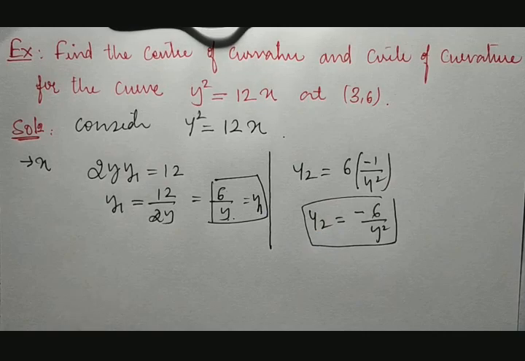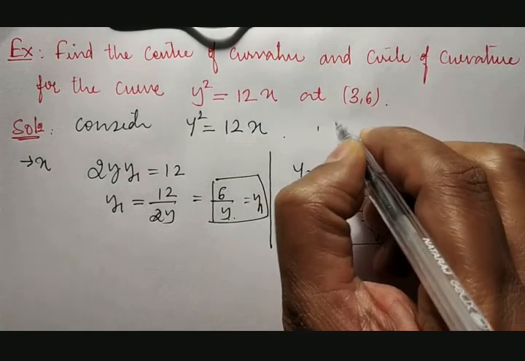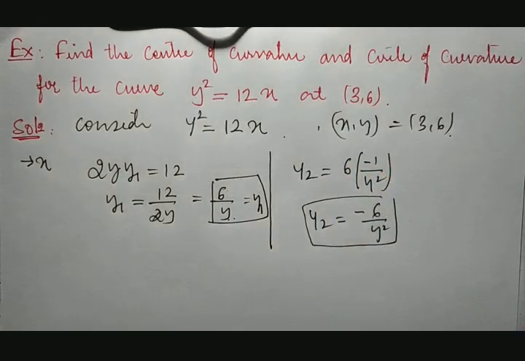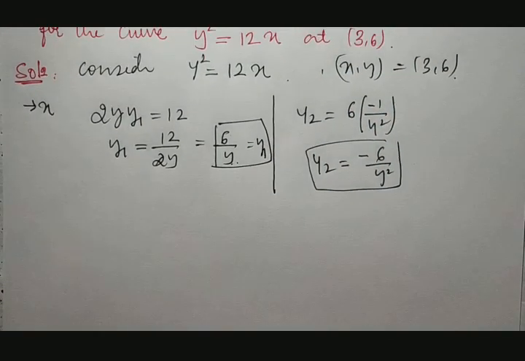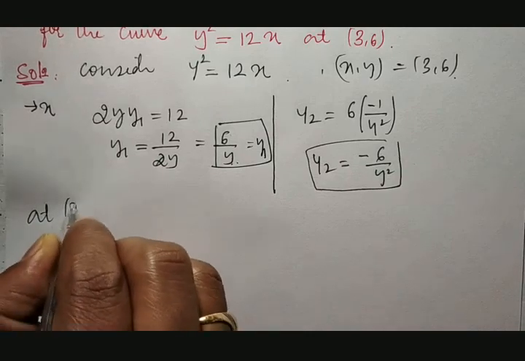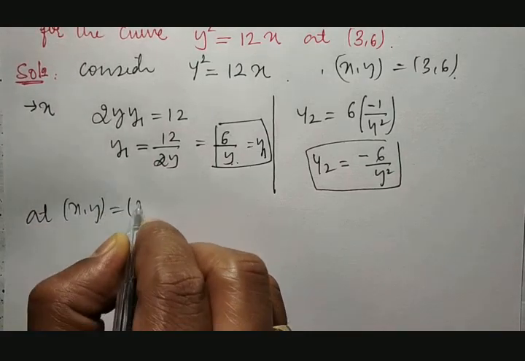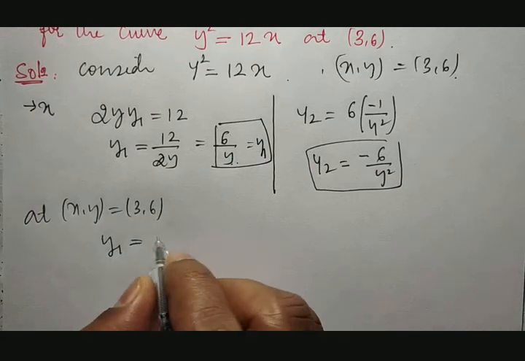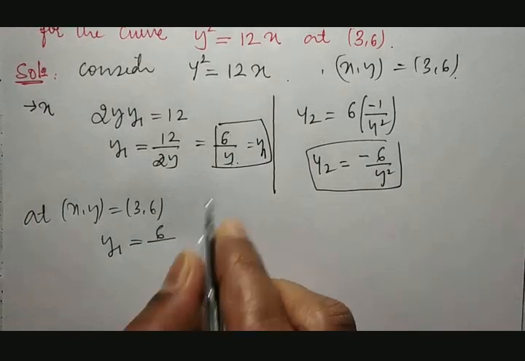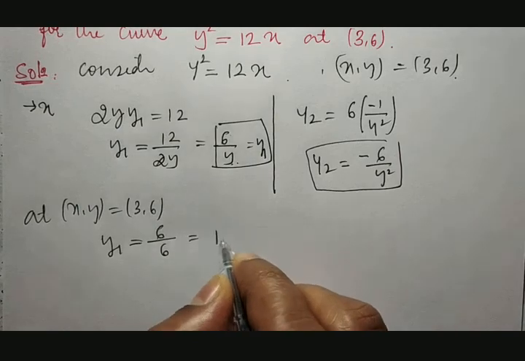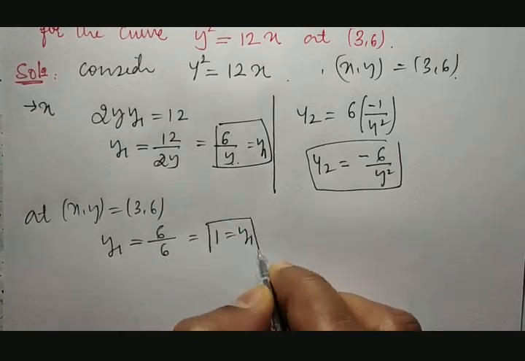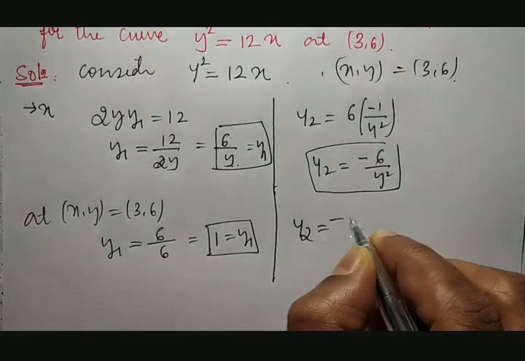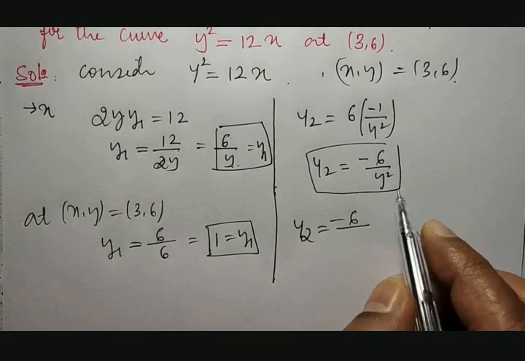But we want y1 and y2 at the given x, y, that is 3, 6. Therefore, at the point x, y equal to 3, 6, y1 is equal to 6 divided by y, 6, so that is 1. Similarly, y2 is equal to minus 6 divided by y square.